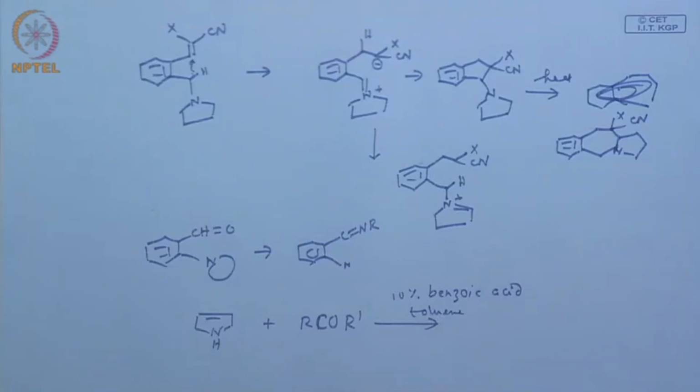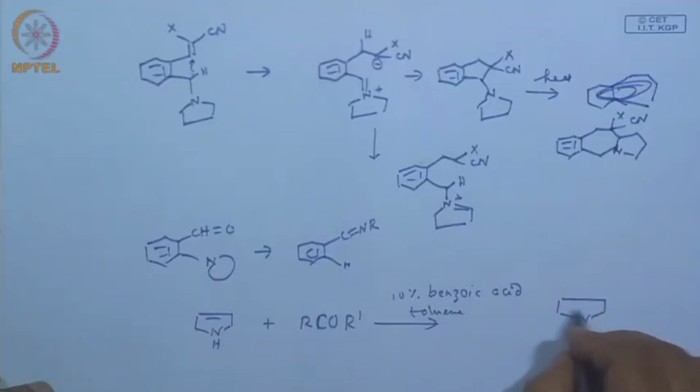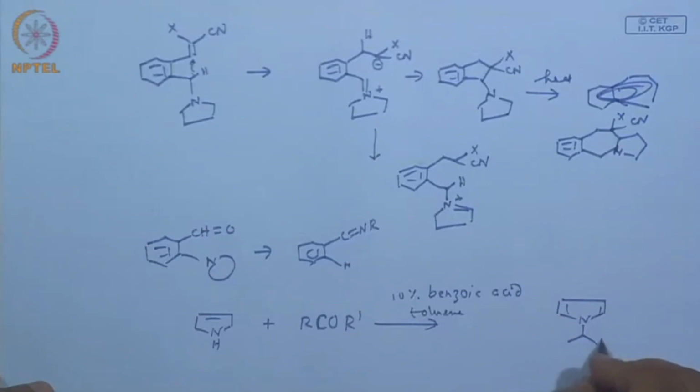What do you expect? So, pyrroline. So, 1, 2, 3 pyrroline, and what do you expect? It is a new pyrrole synthesis. You can sit down and do the mechanism very easily without any problem. This is the product.